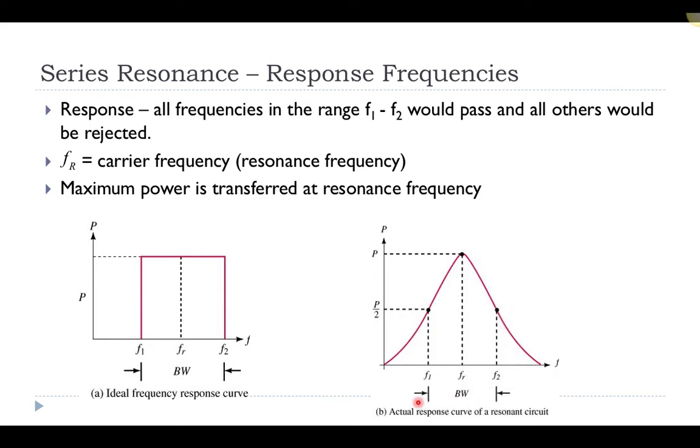So we define our bandwidth for a real response curve as having some lower frequency and some upper frequency, and our circuit will pick up those frequencies as long as the power here is half of the maximum power, and then anything that's below half of the maximum power, it'll cut off. So it still allows us to have some bandwidth or some adjustability in tuning our radio to a particular frequency.